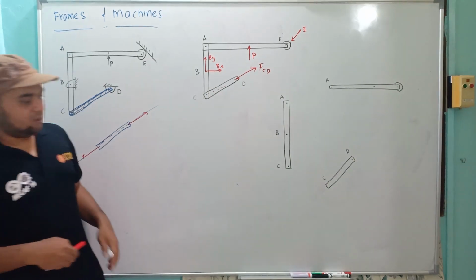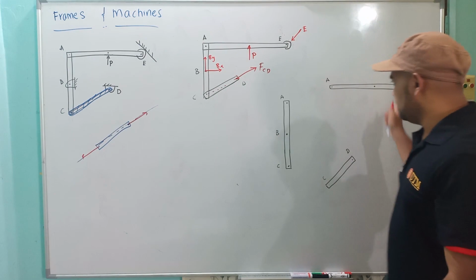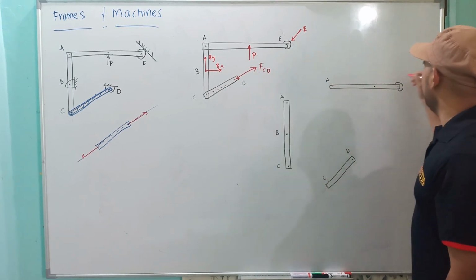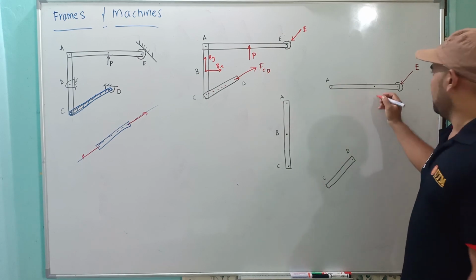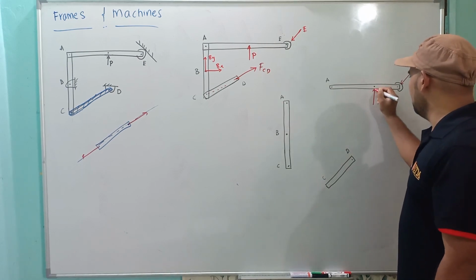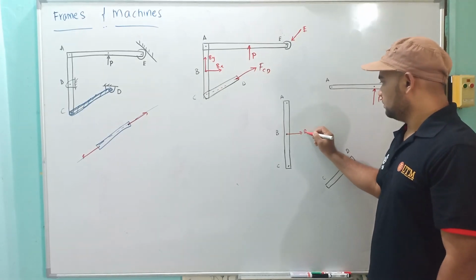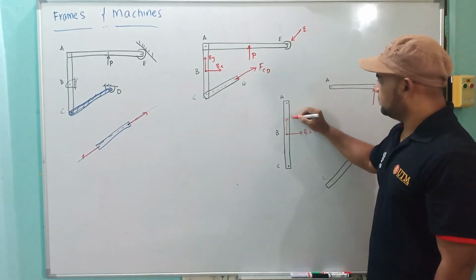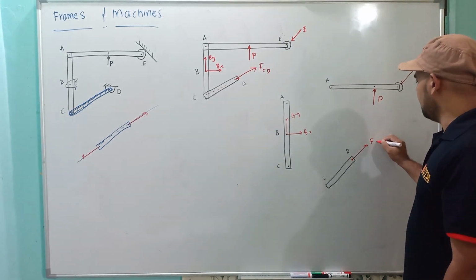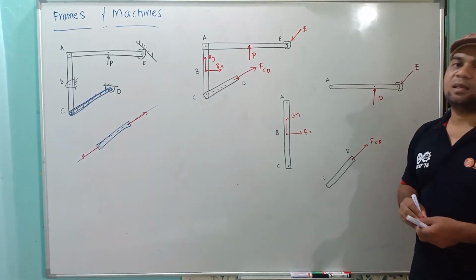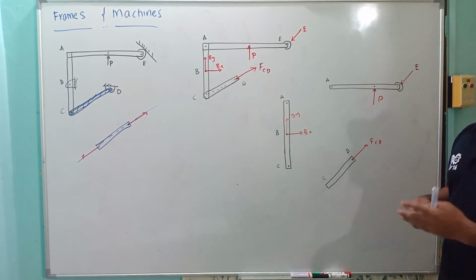Next step is you want to transfer all the red ones into these components. So we have one at E here, at P there's nothing, at B we have BX, BY, and FCD.